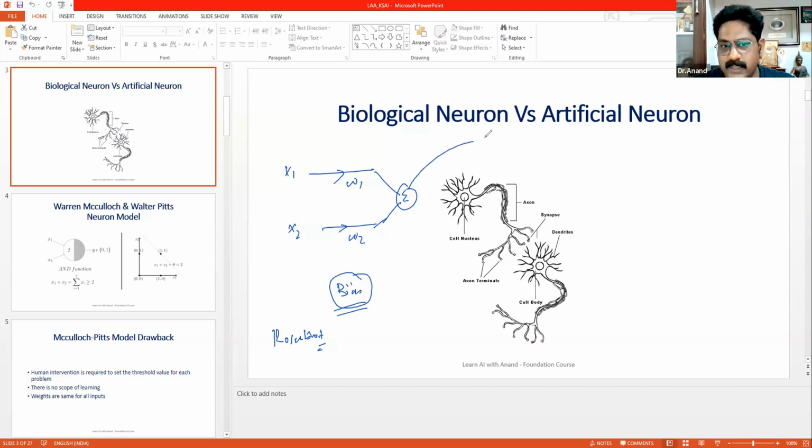So basically, your equation goes like this: x1 w1 plus x2 w2. Just like your linear regression equation, right? In your linear regression equation, it is x1 beta 1 plus x2 beta 2 plus an intercept term, but here there is no bias term. Later on, the bias term was introduced. This term, in a neural network, we call the net value.